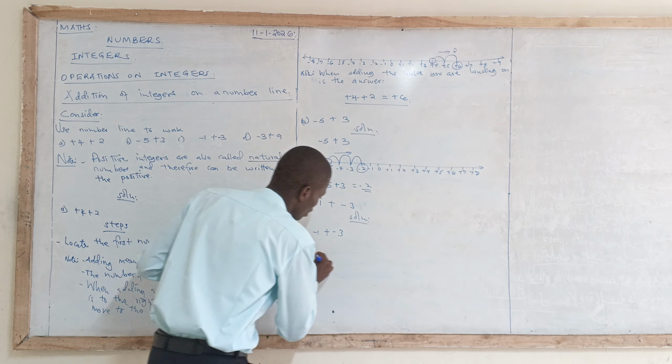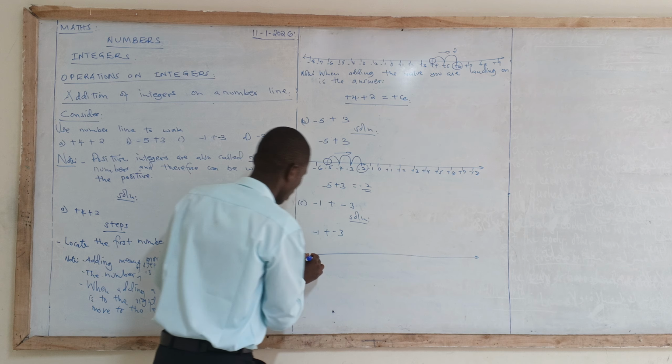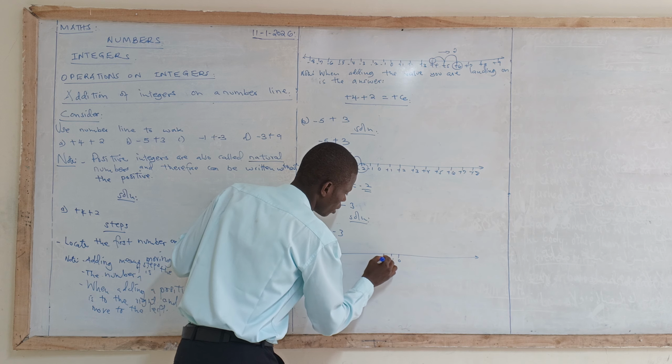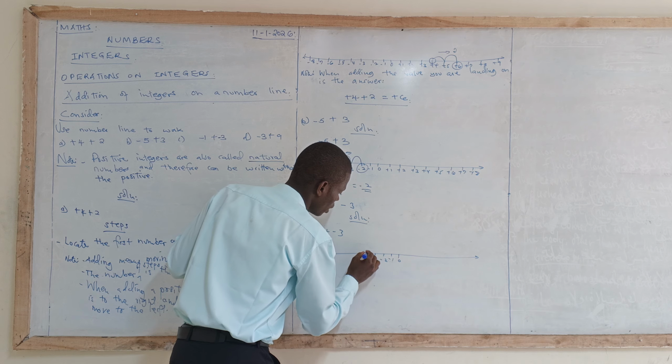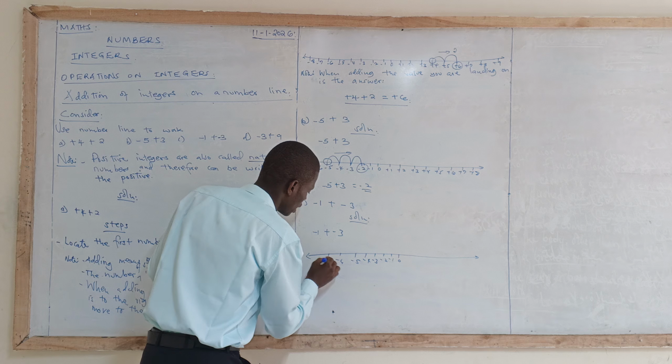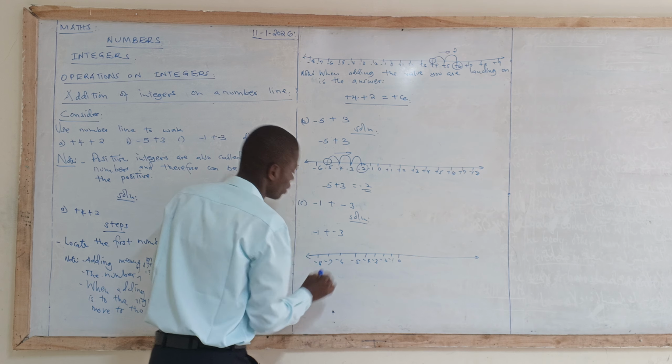So let us start. Locate your answer. This 0, negative 1, negative 2, negative 3, negative 4, negative 5, negative 6, negative 7, negative 8.